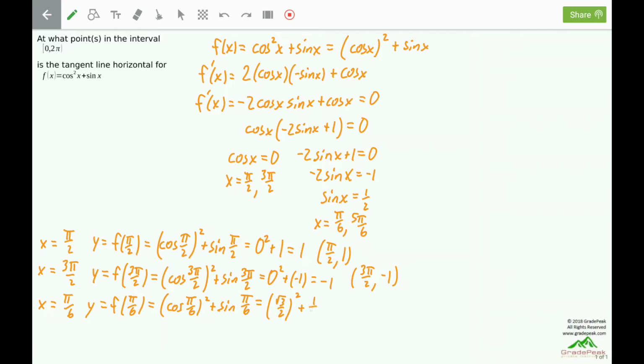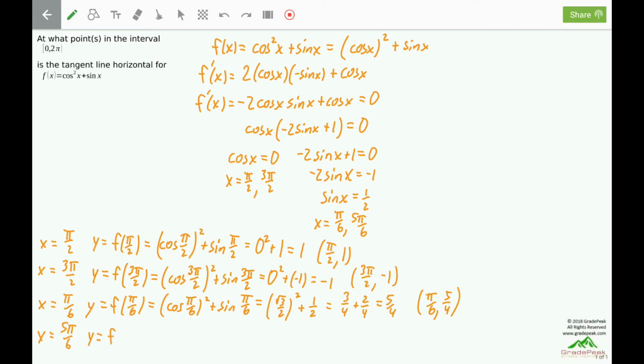And the sine of pi over 6 is 1/2. Now, root 3 squared is 3, 2 squared is 4, and we're adding it to 1/2. Well, I'm going to rename that 1/2 as 2/4. I'm going to multiply by 2 over 2 for the common denominator. And I'm getting 5/4, so I have the point pi over 6, comma 5/4.